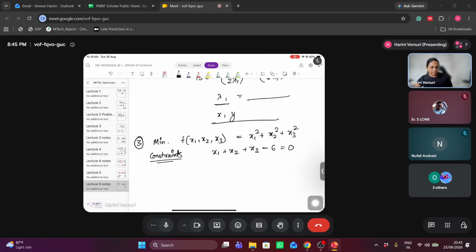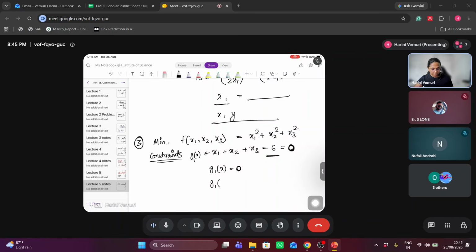See here, the constant is already on this side, so this entire thing will be g of x. I'm giving the right hand side value as 0, so it will be g1 of x equal to 0 directly. You don't have to do b minus g here. Don't get confused. When I have g1 of x equal to 0, we need to have it in this format.